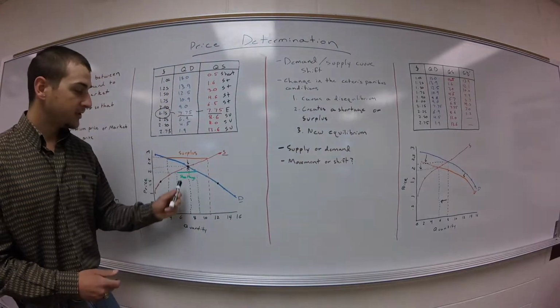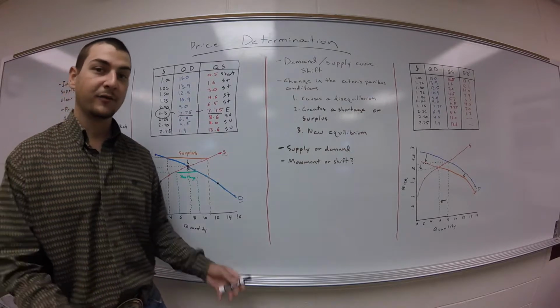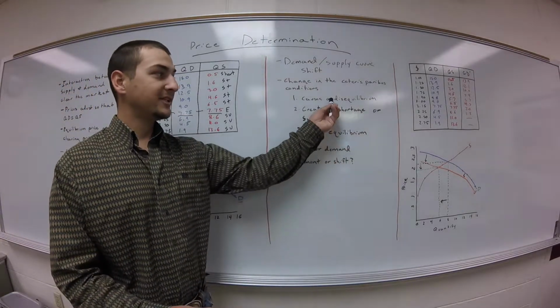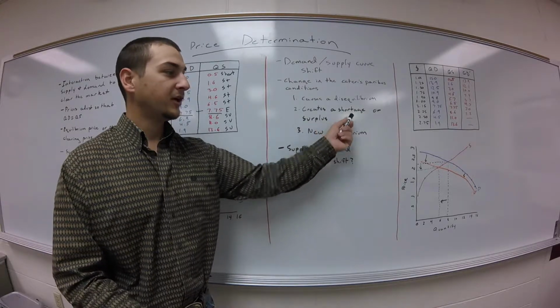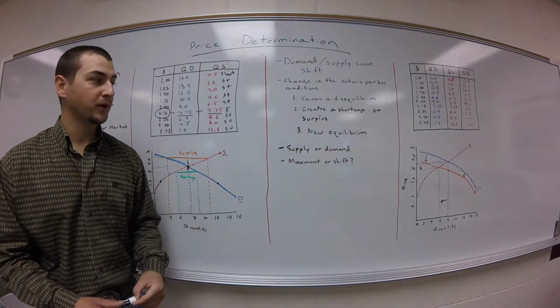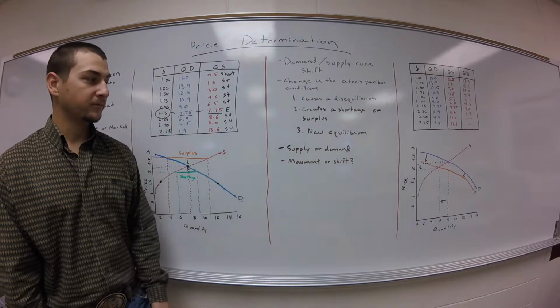So prices always move back towards equilibrium, and then generally, whenever they get there, they try to remain stable. But we have this disequilibrium. A change in the ceteris paribus condition causes a disequilibrium, and it causes a shortage or surplus. And it'll react until it gets into a new equilibrium.